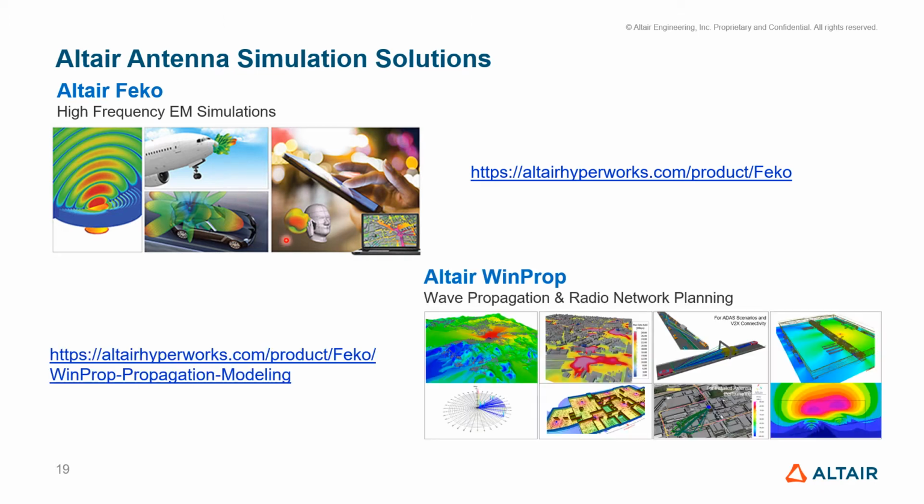And we have another product called Altair WinProp. This implements wave propagation tools as well as radio network planning tools. What that means is that you can, let's say, take the radiation pattern from a car, put it into a city, drive around, and get the connectivity or the signal strengths from a base station, for example.